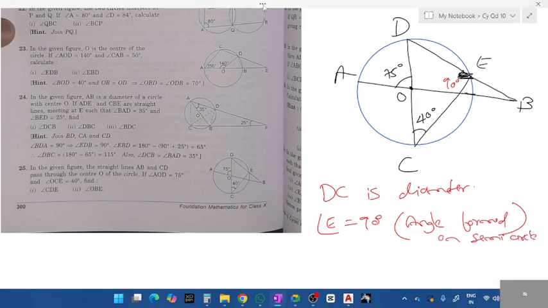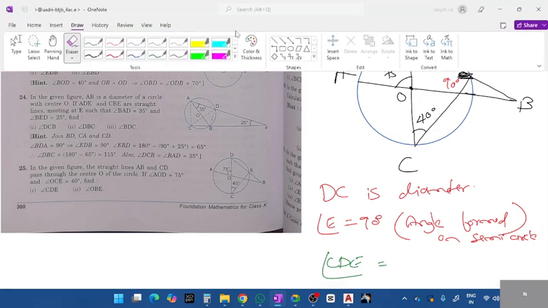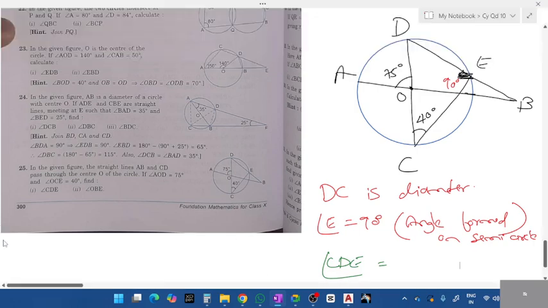Then what about CDE, students? What will be the value of CDE? That's the first question asked. What is CDE? 180 minus 90 plus 40 is? Write it here. We need to find angle CDE and OBE.